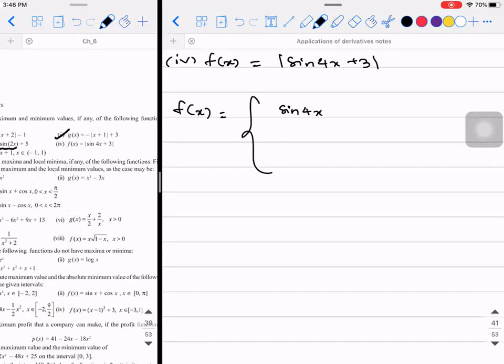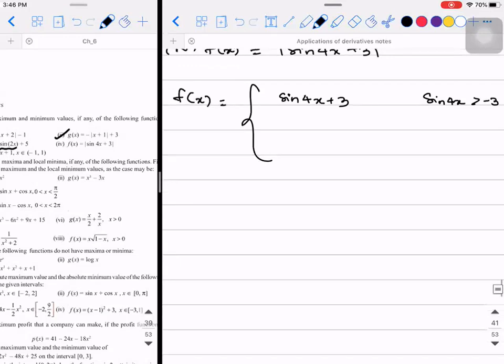So I can write it as sine of 4x plus 3, the positive value, when sine 4x is greater than minus 3. Is this right? Yes, sir. So it is equal to 0 when sine 4x is equal to minus 3.